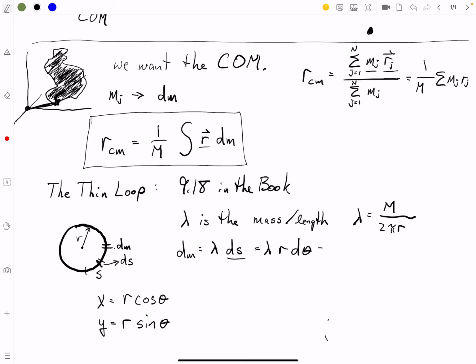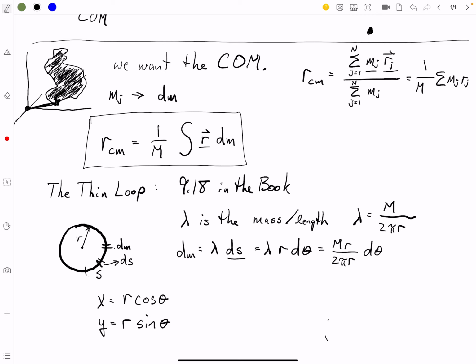And we know what lambda is, so let's put lambda in there. So we've got our total mass times r. We're going to divide by 2 pi r. And we're going to multiply that by d theta.